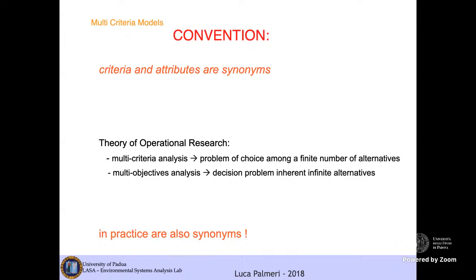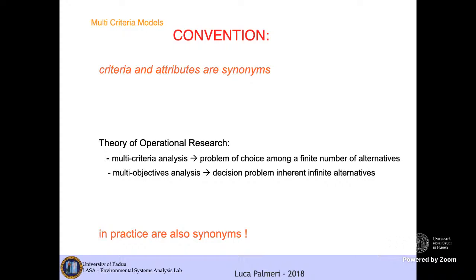By convention, criteria and attributes are synonyms. So we may call it a multi-criteria or multi-attributes analysis. This comes from the theory of operational research, but is a subsubject of decision theory.